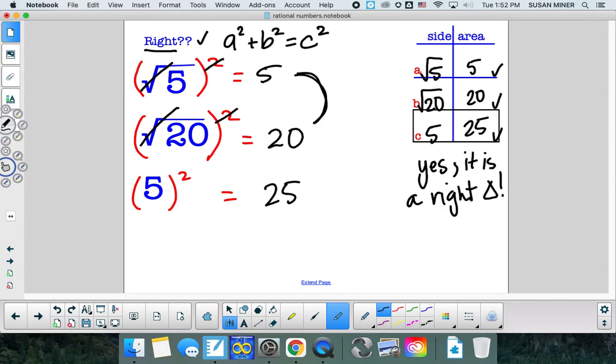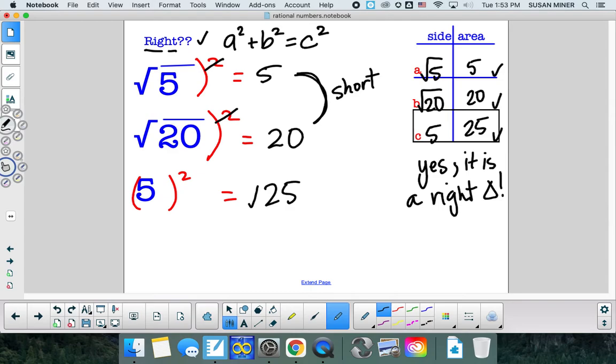So on your homework assignment, you're going to first find your two shortest side lengths, square them, and then make sure they add up to the longest. Now the other way that I could do this is I could turn these two into a decimal. I could square root 5 in my calculator, turn it into a decimal. I could square root 20 in my calculator, turn it into a decimal, and find out if these were bigger or smaller than the 5 side, right?